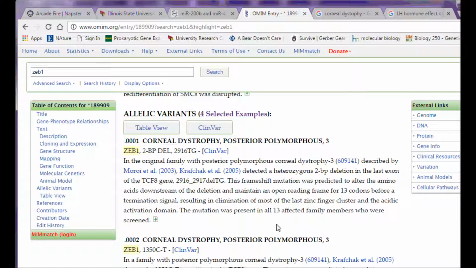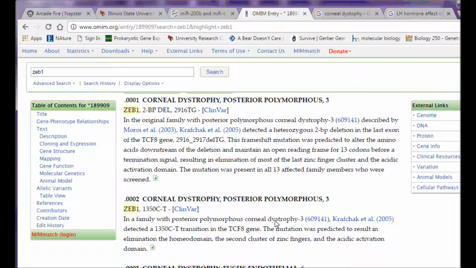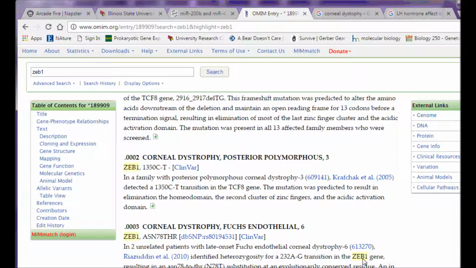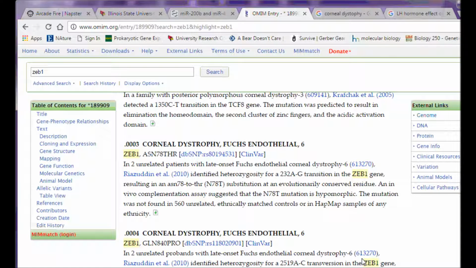I don't know a whole lot about luteinizing hormone, but I was expecting to see some fertility defects, and we are seeing defects associated with the eye for some reason. So on one level it is surprising. On another, I might be missing something, but it's also possible that ZEB1 is just an important gene, and when you mutate it, a lot of things go wrong, and the one that seems to be at least the easiest to detect is problems with eyesight.